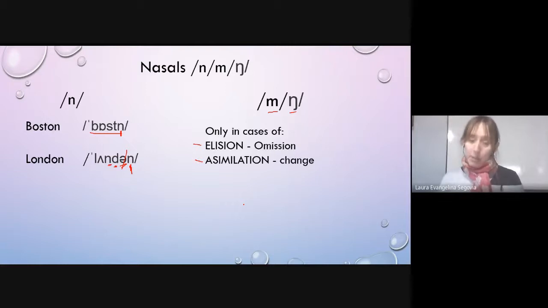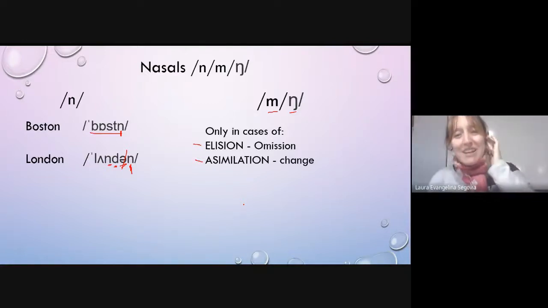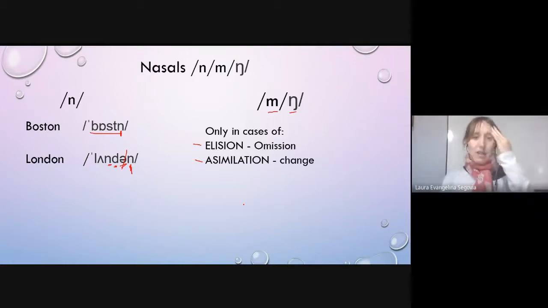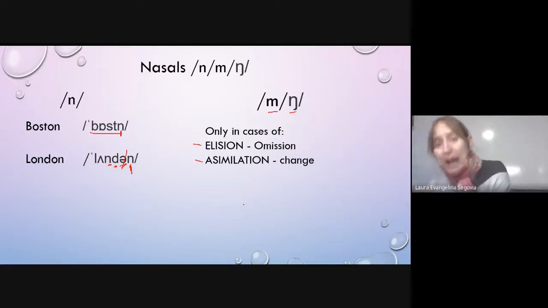Elision is the omission of a sound, when you take out a sound from the pronunciation. And assimilation is the change of a sound. Why the change? Under the influence of another one.